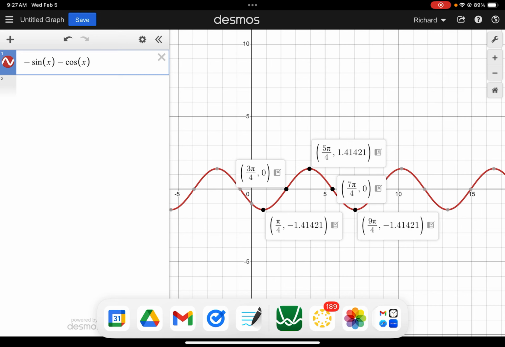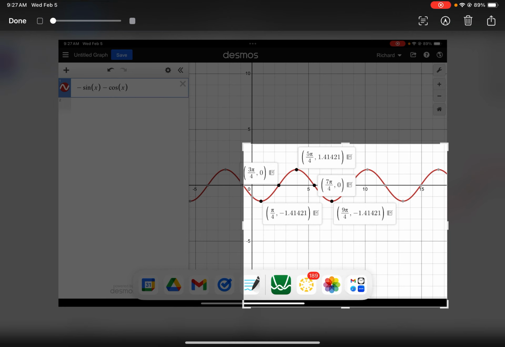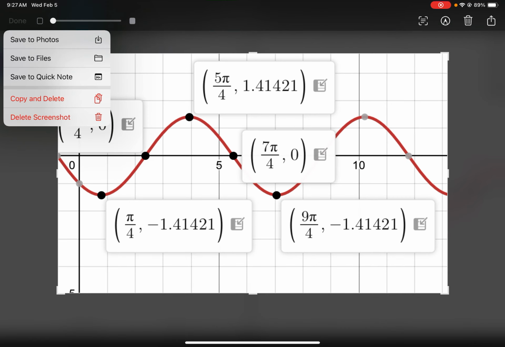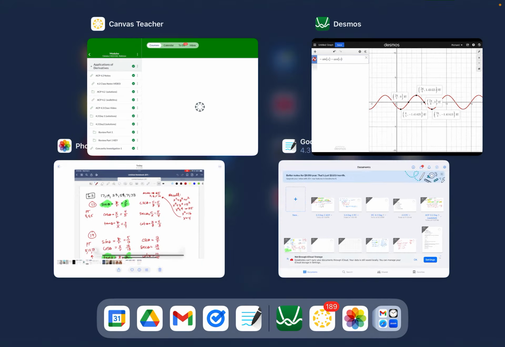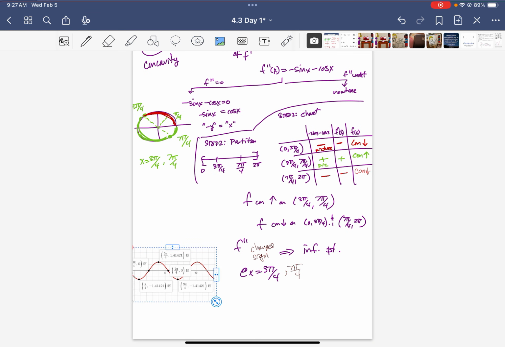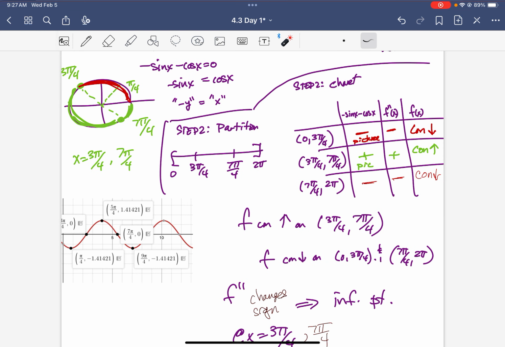So let me take that picture and take it over here and put it with our stuff and see if it can help us reason our way through this with some additional help. So I'm going to copy and delete, and go back here. Let's see if we can use the unit circle and this picture to really think through it.